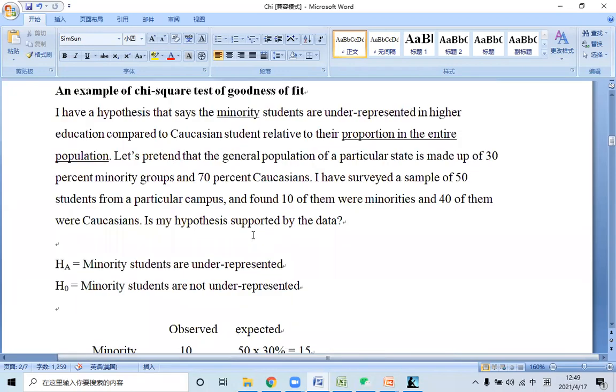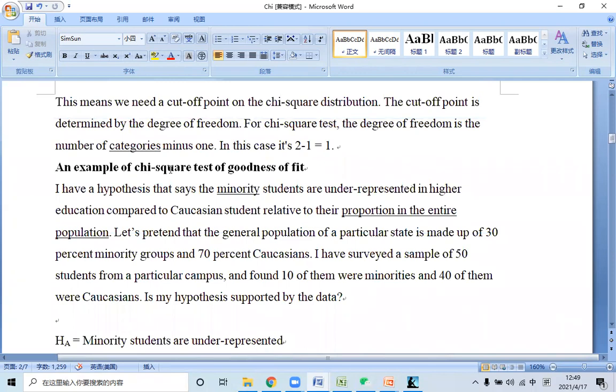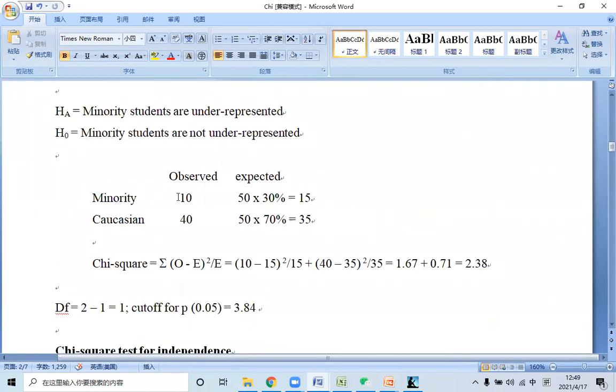This kind of chi-square test is called a chi-square test for goodness of fit. Does your observed value fit a particular pattern? How good is the fit?